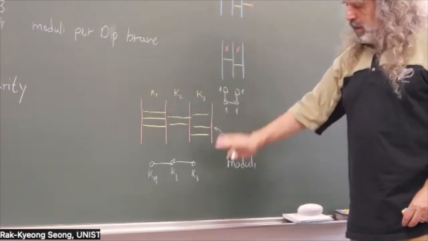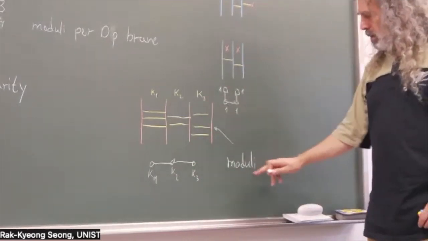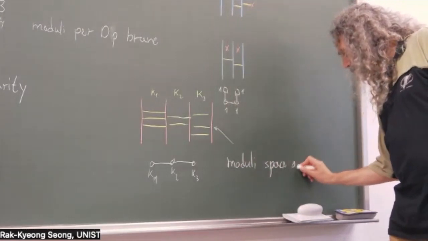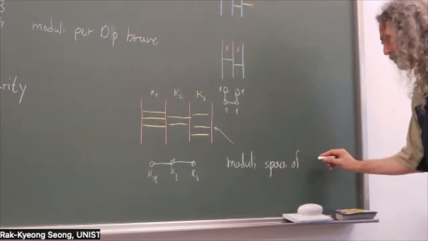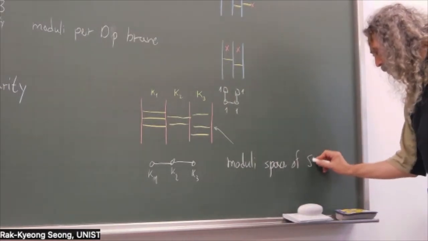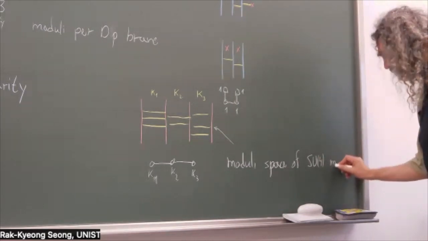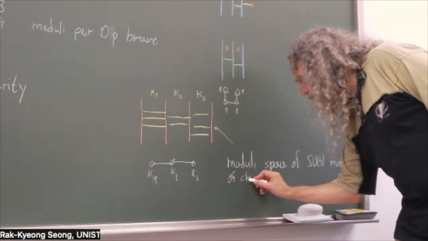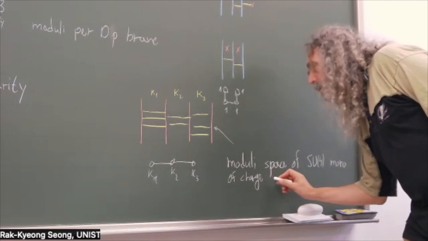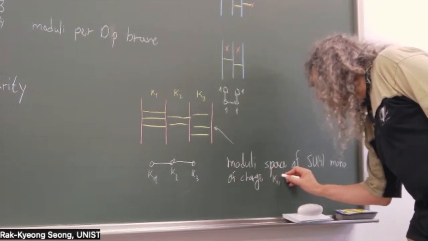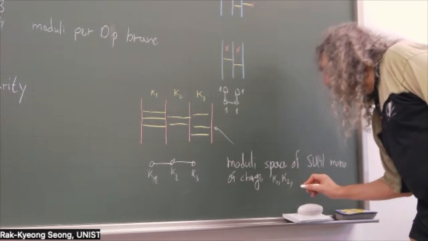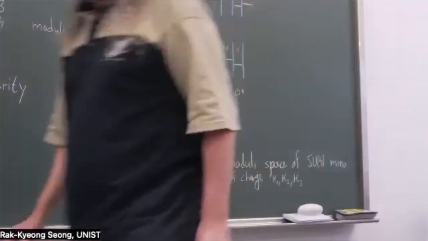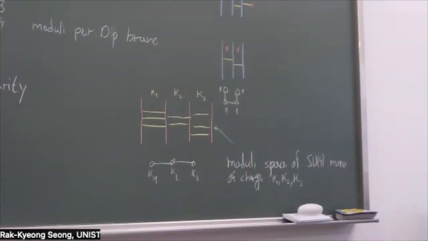He developed a very nice theory from studying this thing that I'm going to write down, the moduli space of SU(4) monopoles of charge K1 for the first simple root, K2 for the second simple root, and K3 for the third simple root. Also, Kilgene was involved in these works.